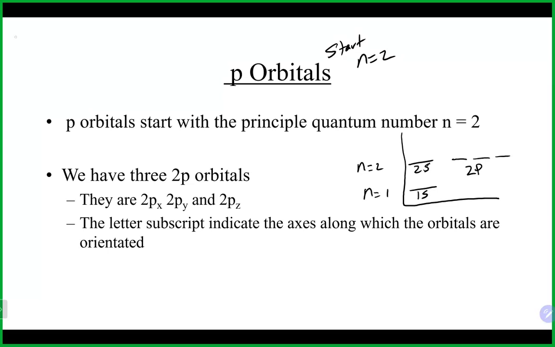Now, in terms of p orbitals, how many p orbitals are there? There are actually 3 different p orbitals. There are a px orbital, a py orbital, and a pz orbital. If you think about math, there's an x, y, and z coordinate plane.